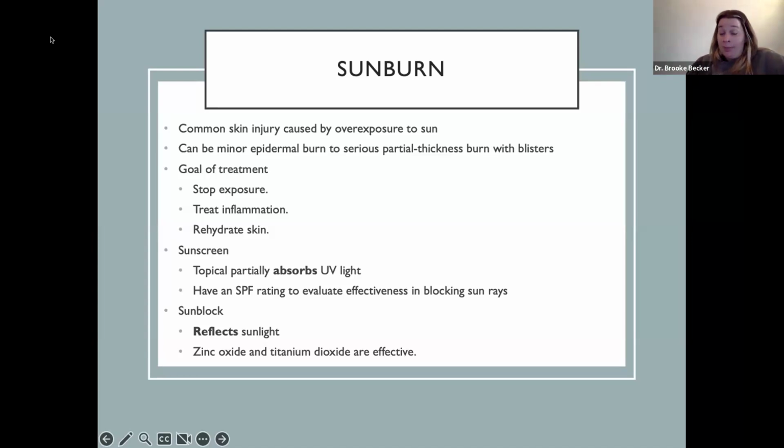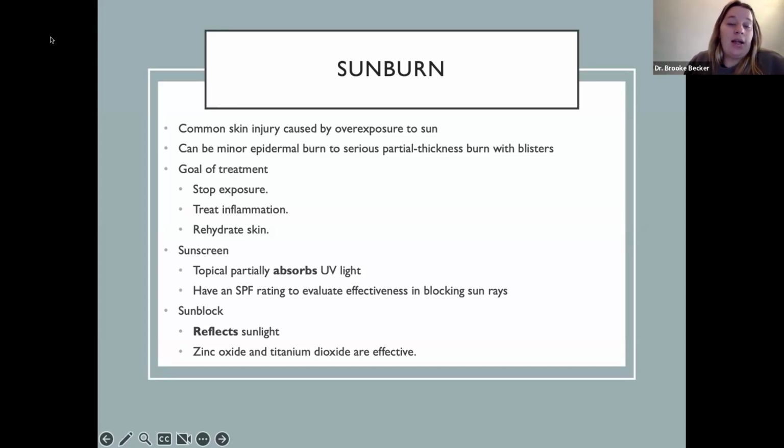Obviously, sunscreen helps you absorb some UV light, but it blocks those really harmful sun rays that are most likely to cause sunburn. You obviously have to tell these kids to reapply sunscreen frequently, okay?